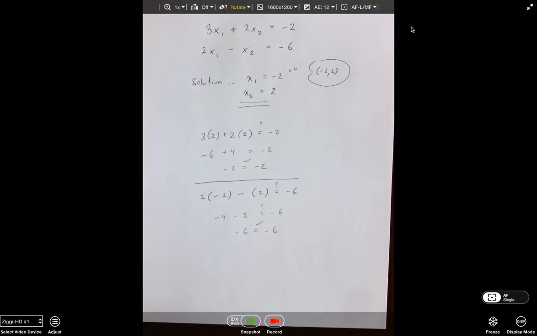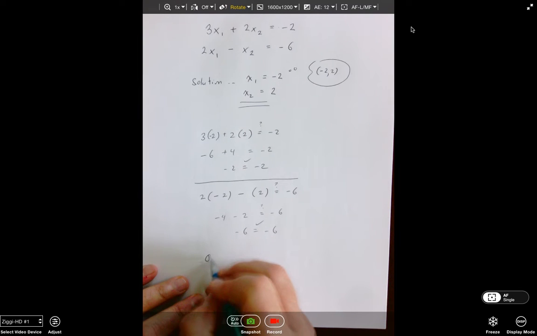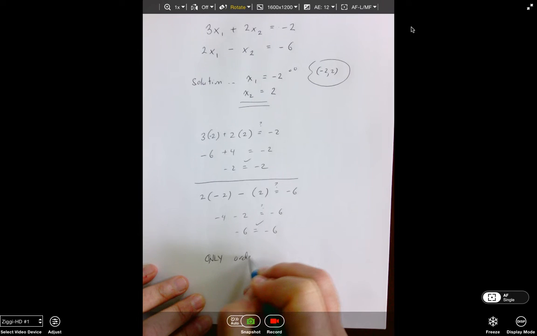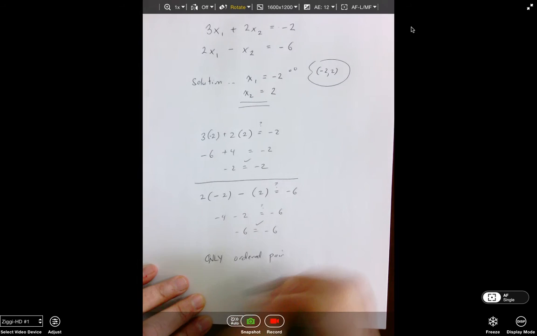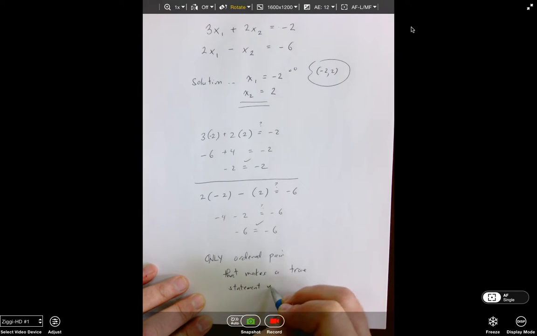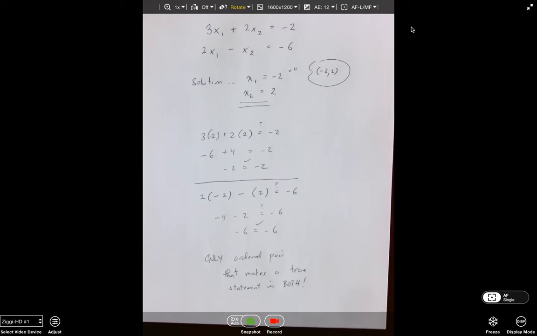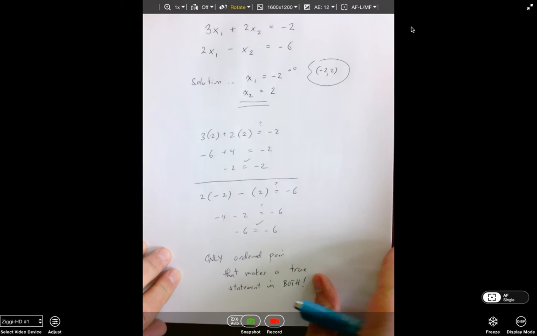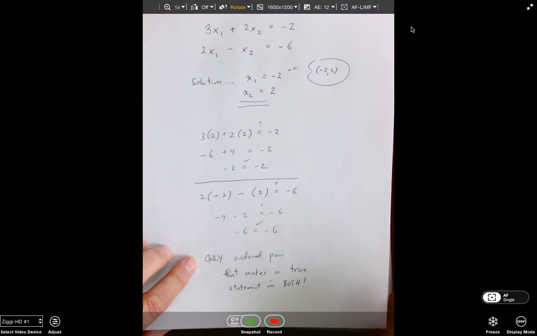Guys, this is the only ordered pair that makes a true statement in both.